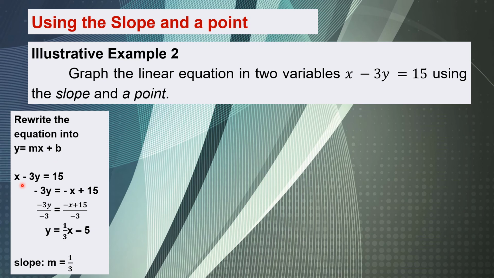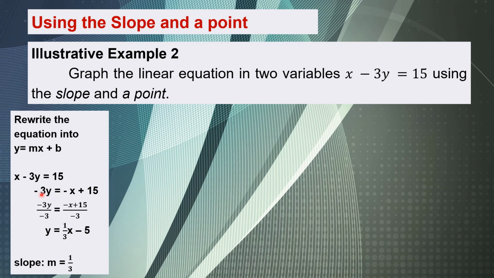So, to rewrite x minus 3y equals 15 into this form, kailangan nating ilipat yung x sa kabilang side. So, pag nilipat natin itong x dito, itong positive x, sa kabilang side ng ating equation ay magiging negative x ito. And then, just copy positive 15 and yung ating negative 3y equals.